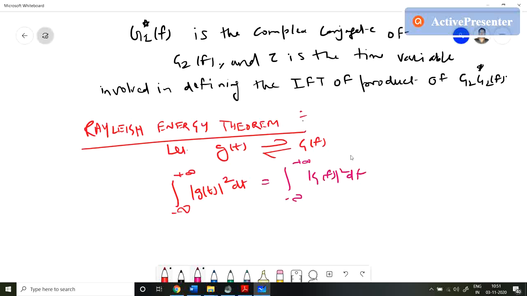So both give the energy of that signal g(t). We can find the energy by applying either formula. This is called the Rayleigh energy theorem.